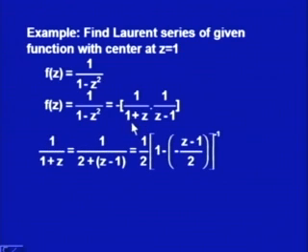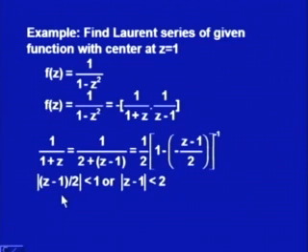Now, this is already in powers of z minus 1. So, if we express 1 upon 1 plus z in powers of z minus 1, then we are through. To express this in powers of z minus 1, we rewrite 1 upon 1 plus z as 1 divided by 2 plus (z minus 1), and then 2 can be taken out and we will have 1 minus (z minus 1) divided by 2 raised to power minus 1.